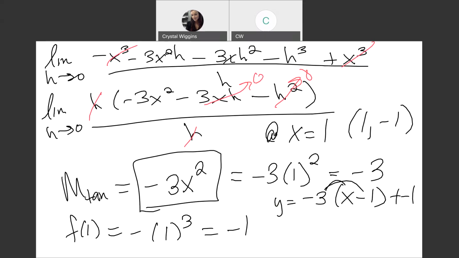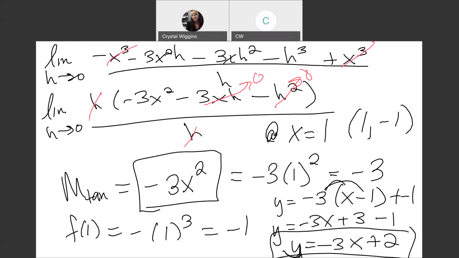Do out our algebra so that we have a prettier looking function here. And we get y equals negative 3x plus 2, which is the actual equation of the tangent line to the function negative x cubed at x equals 1.